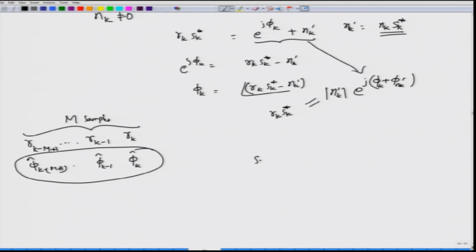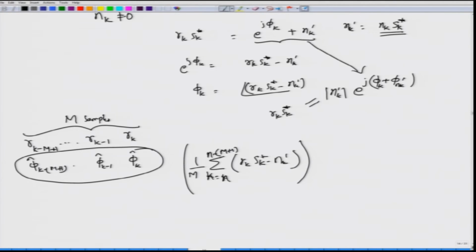So, you have Sk complex conjugate Rk minus Nk prime. Take the sum of these over k, with k as a dummy variable from n to n minus m plus 1, and then divide by the block length, 1 by m, and what you get is the average phase phi k over the entire m samples.